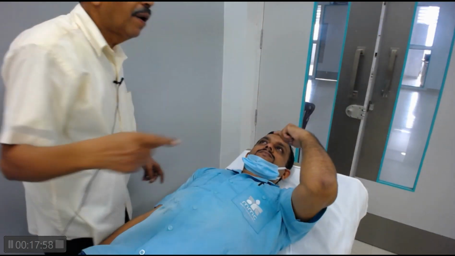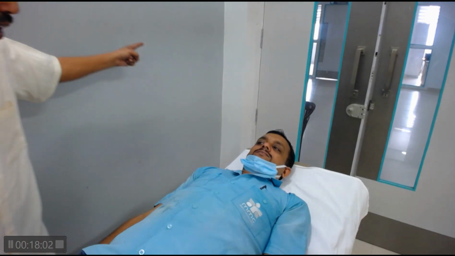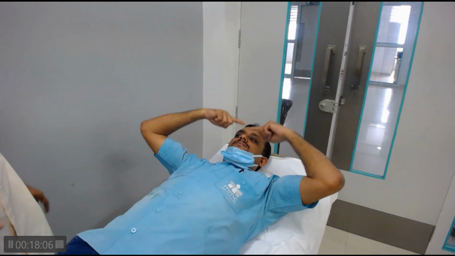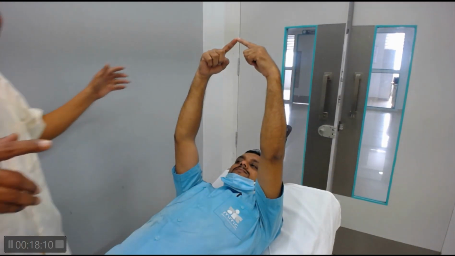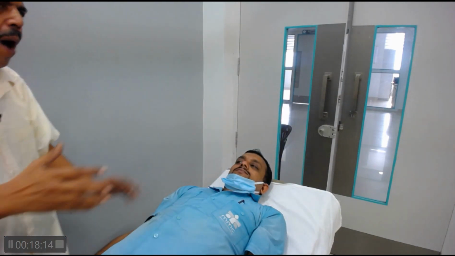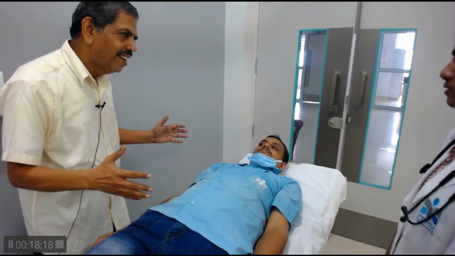When you are showing for the second time, change the position. Therefore upper limb coordination you can test like this. That point clear? Yes or no?